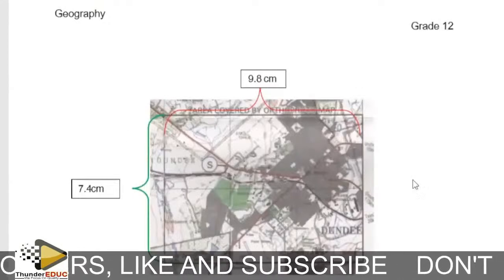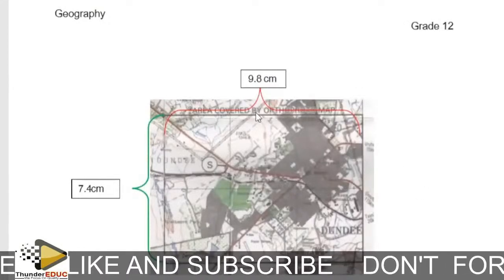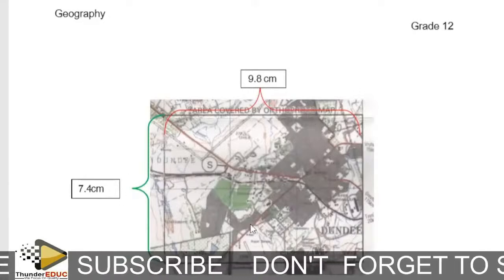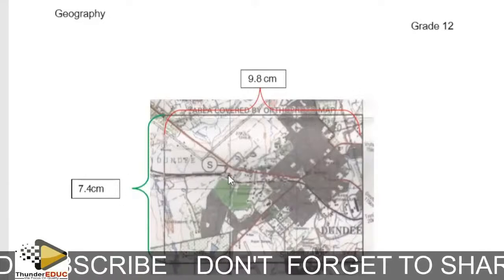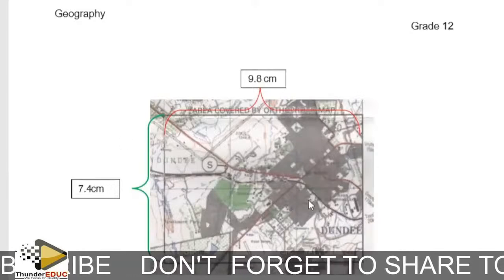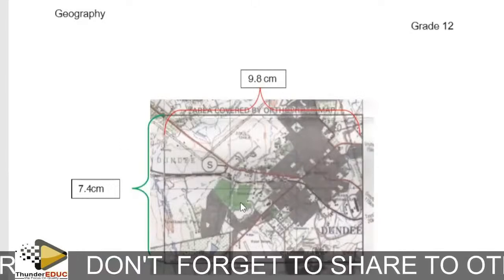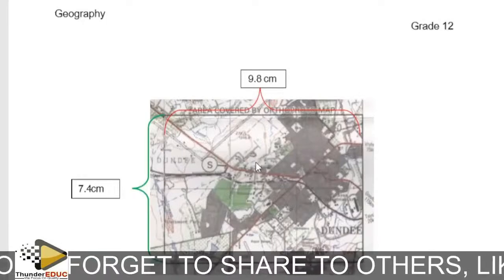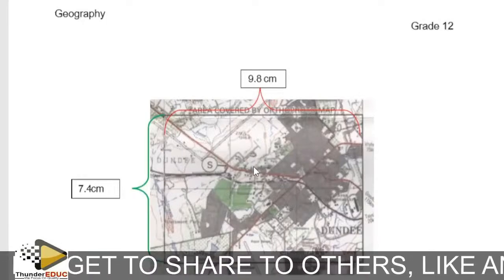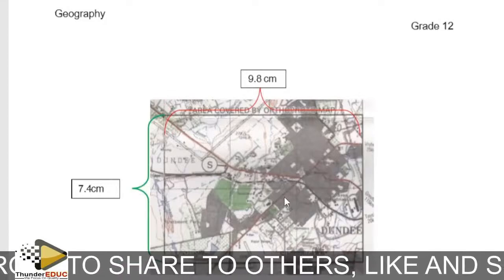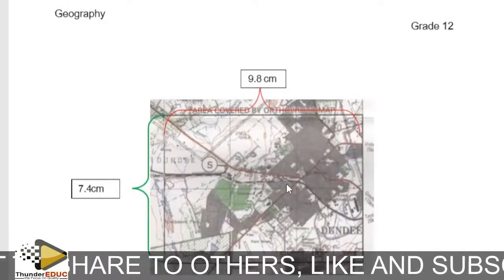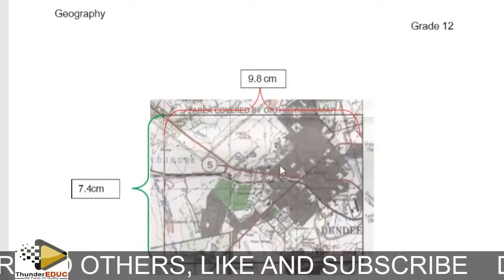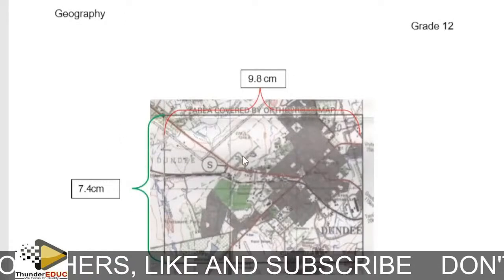By looking at the way it is even indicated, area covered by the orthophoto map. But this must be on the topographic map. The way you see it's in color, you can see the features with symbols. Remember, a topographic map basically uses more of symbols and so on. So these contour lines and the way it appears in color simply tells us that it's a topographic map.